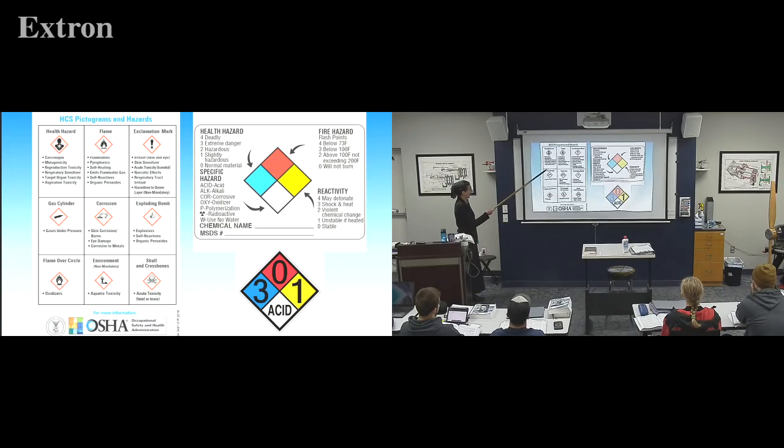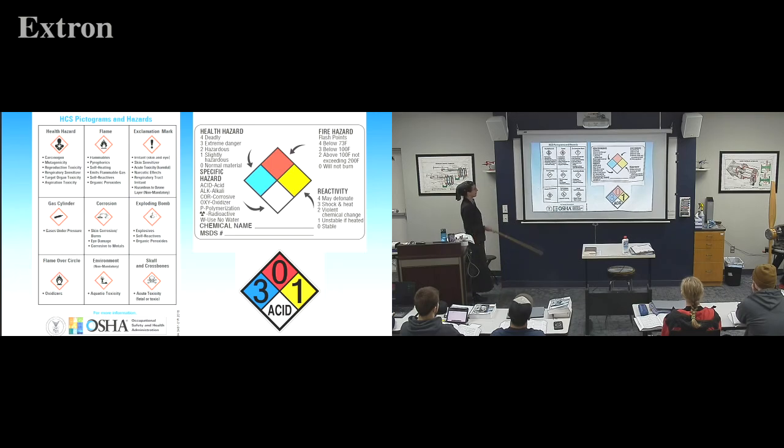Health hazard looks like a person with a burst going on in the chest. Carcinogenic, mutagenicity, a bunch of other stuff. Flame means it's flammable. So nice and simple, straightforward.